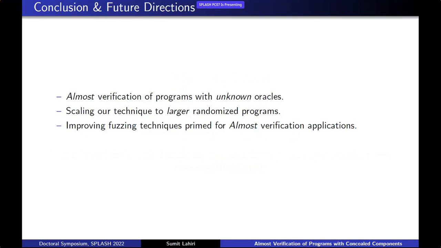For example, we do have a project which runs almost verification for smart contracts. Can we have a fuzzer that can fuzz through smart contracts in almost verification? So I'll be focusing more on points 2 and 3, and point 1 is still dicey. I'm not sure what is to be done.